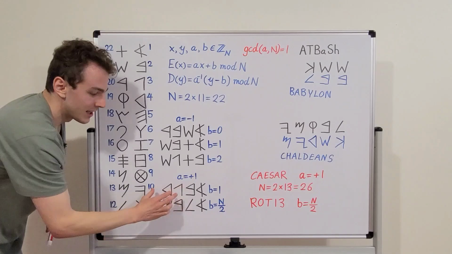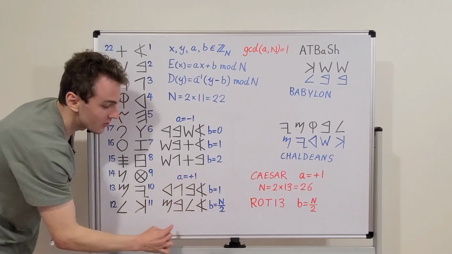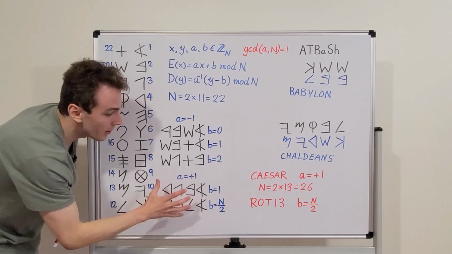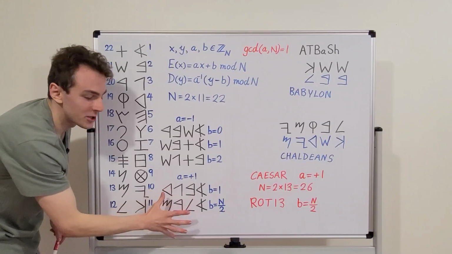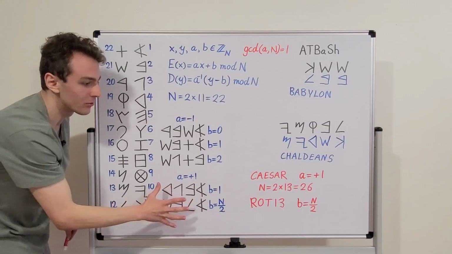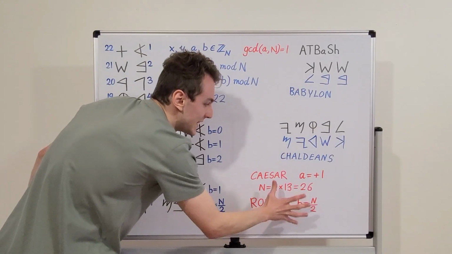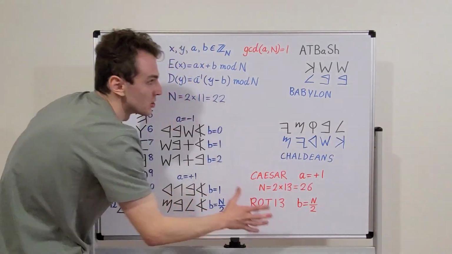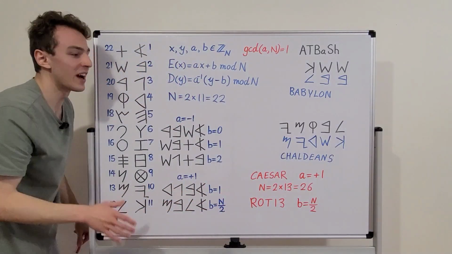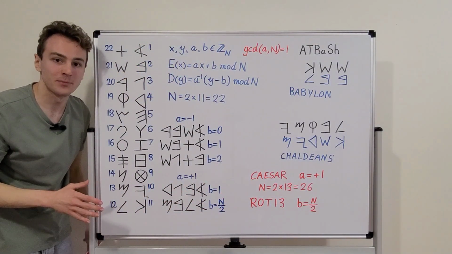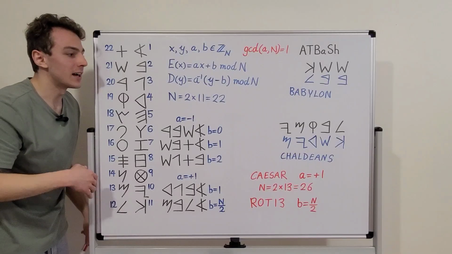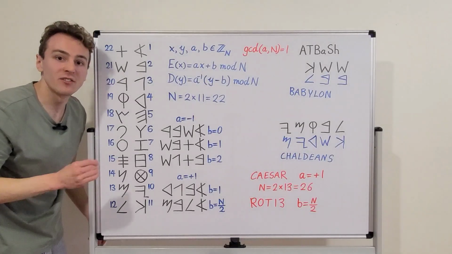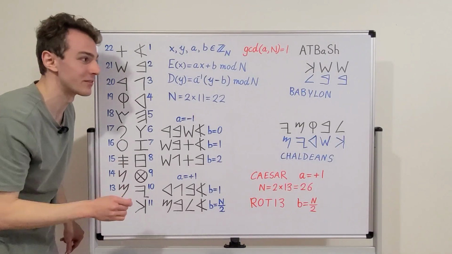You can see that these two can actually be thought of as Caesar ciphers, but we're only using 22 letters in the alphabet because this is a Phoenician alphabet, and over here we're using 26 letters. So all of these are types of affine ciphers, and affine ciphers are a type of monoalphabetic substitution cipher.